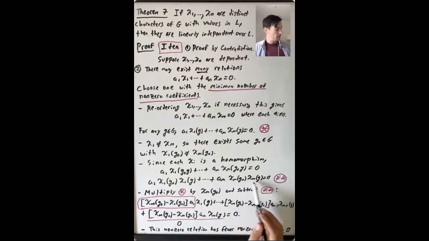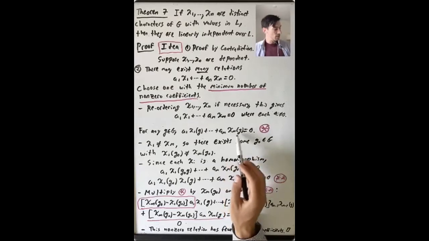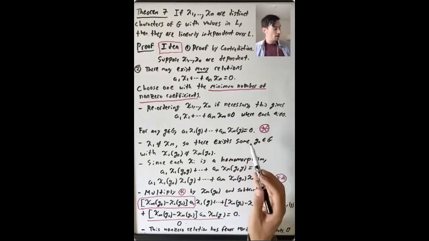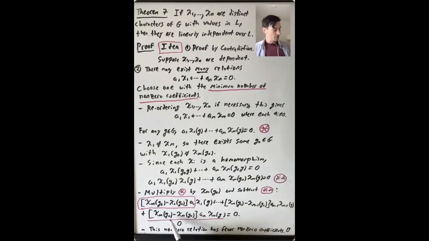When you multiply star by chi(m) of g0, what we get is chi(m) of g0 minus chi(m) of g0. This is obviously 0 times am times chi(m) of g equals 0. So now the chi(m) of g coefficient here is 0.